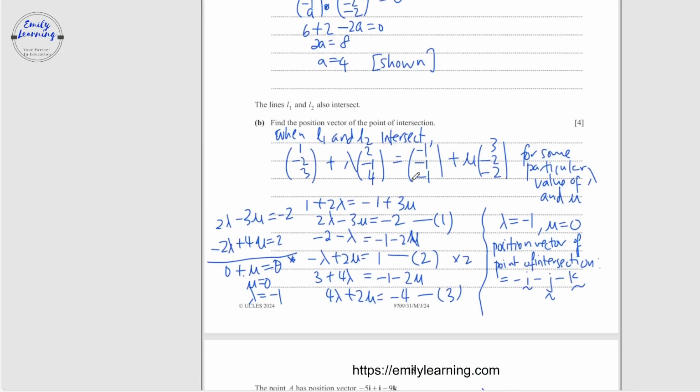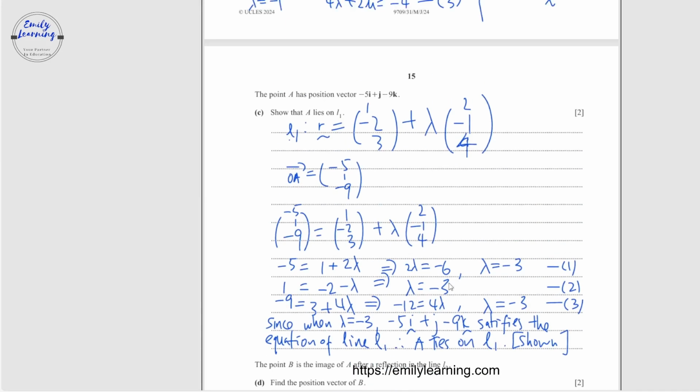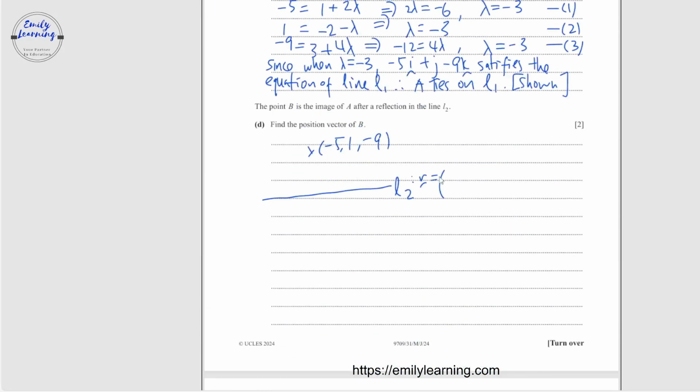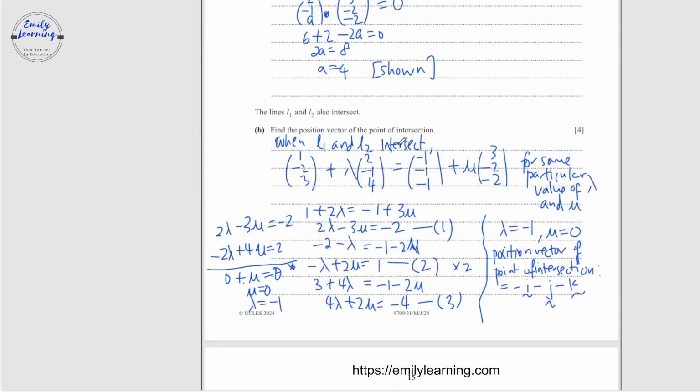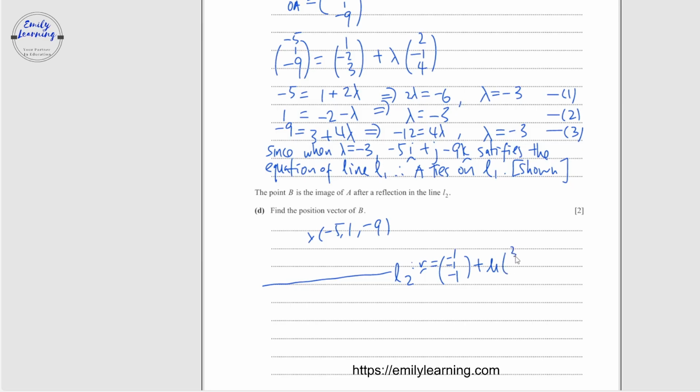L2 is r equals (-1, -1, -1) plus mu (3, -2, -2). And this is A.